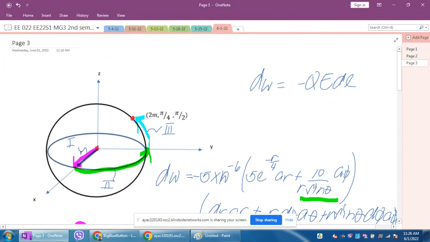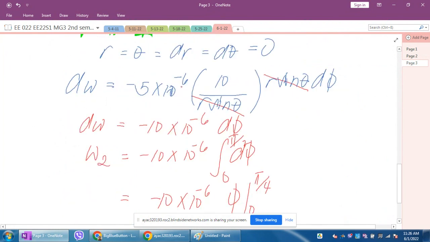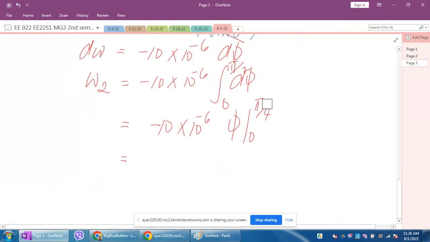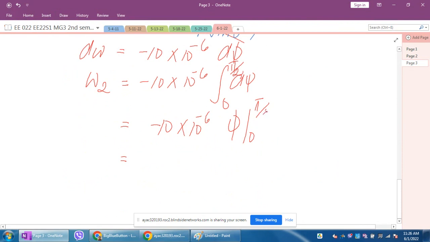Sorry. Pi over 2 po yung P. Okay. Pi over 2. So, upper minus lower. So, this is negative 10 times 10 raised to negative 6, pi over 2 minus 0.